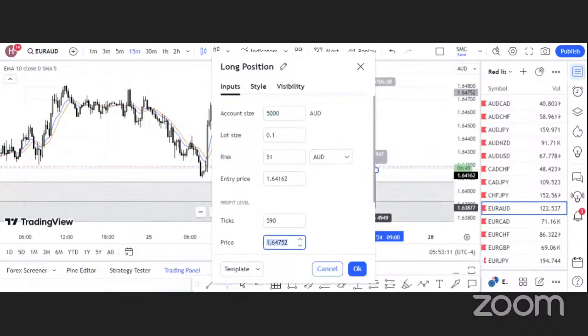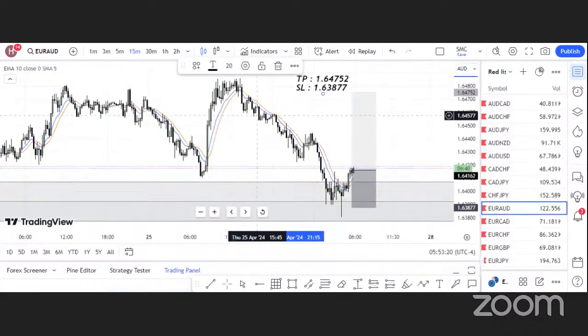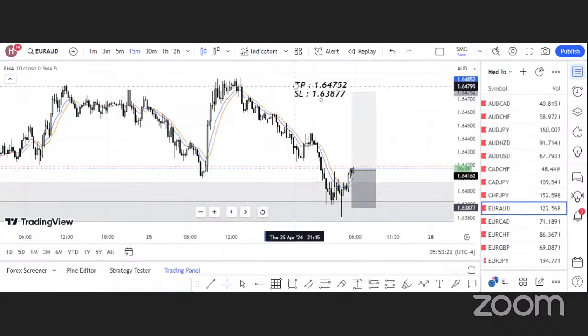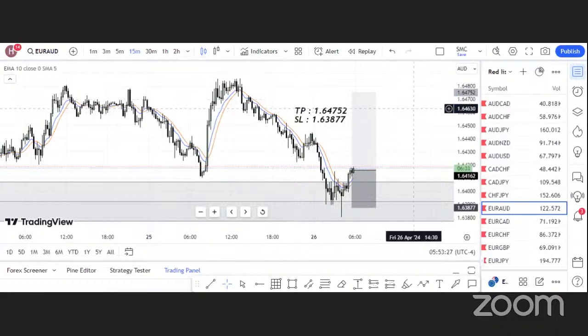Okay, so I think the best we can do is okay. So guys, input the take profit and the stop loss for this trade. So we have a buy position open on Euro AUD. We have a take profit and a stop loss. Okay. So make sure you set the take profit and the stop loss on your trade.